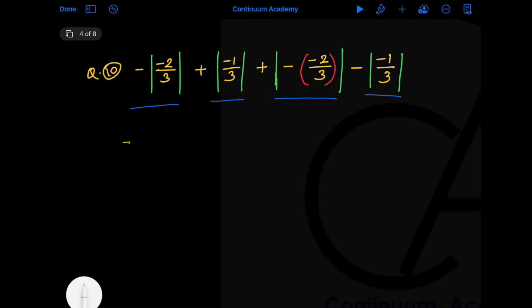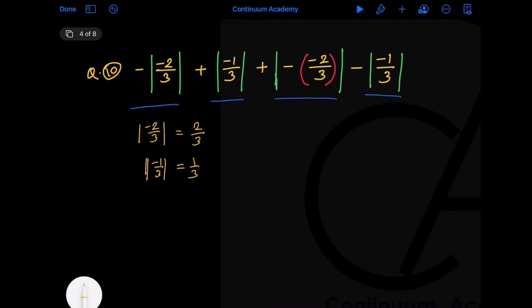So that is mod of -2/3. It will be 2/3, as -2/3 is a negative rational number. So this -2/3 will be converted into positive 2/3. Then mod of -1/3 will be 1/3.